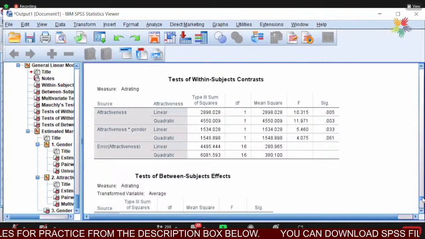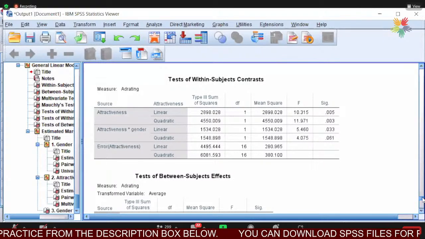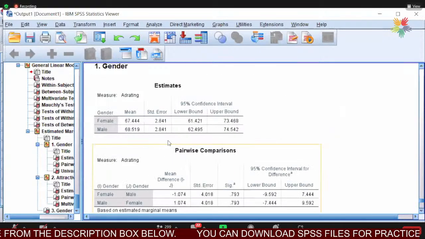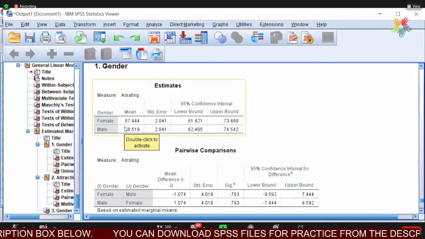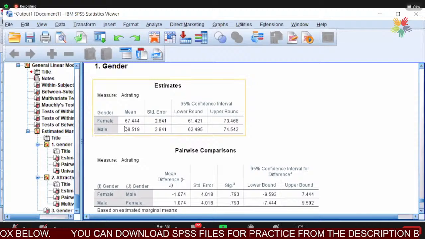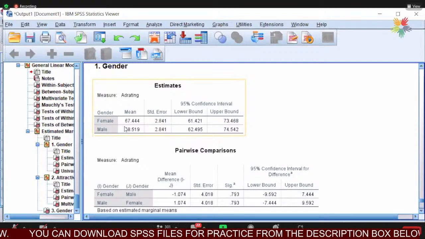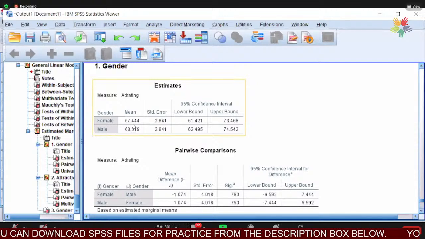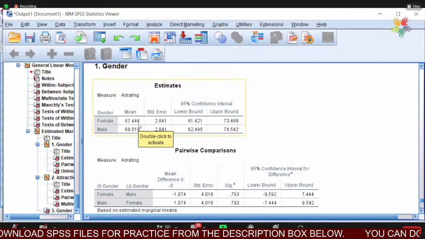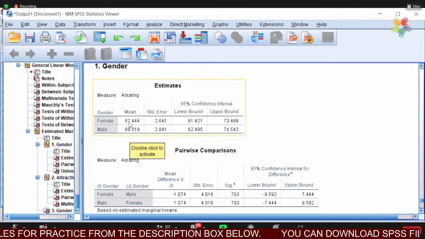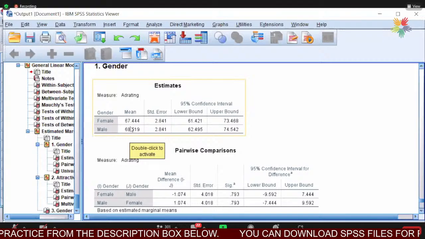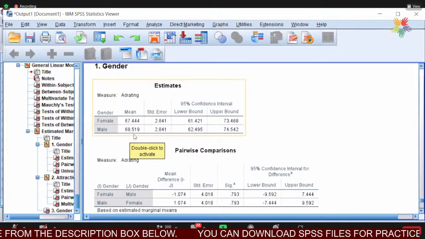So now, on an average, all three ratings together, right? All average for female 67, all three ratings. So there is no difference between male and female, right? 67 and 67.